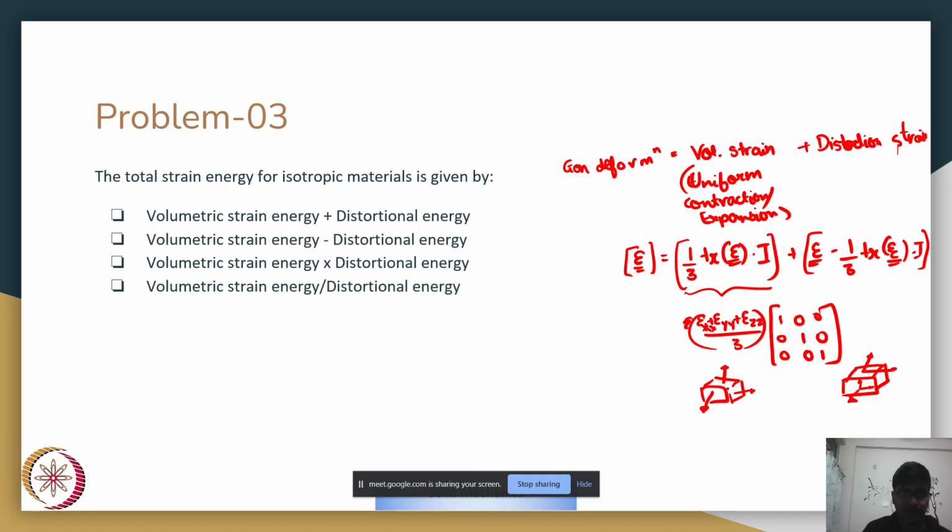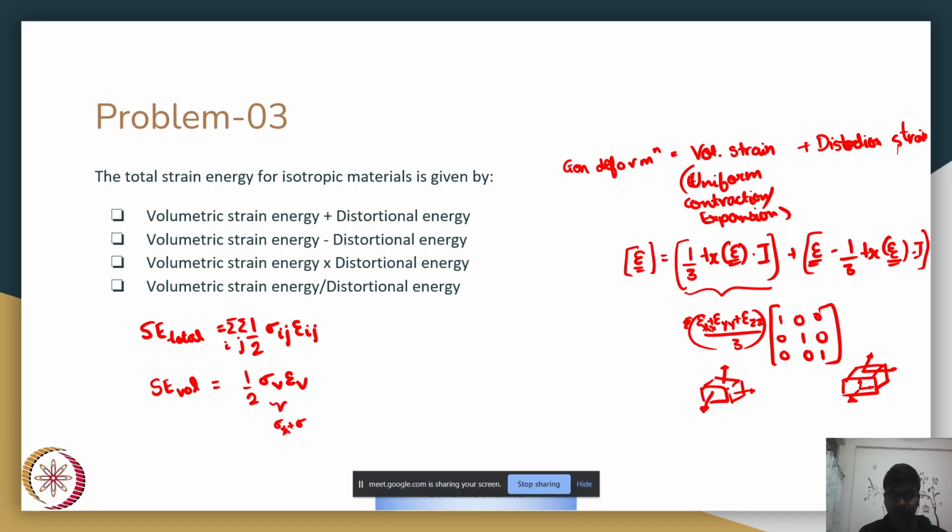You can write it down also as SE total is half sigma ij epsilon ij, summation over i and summation over j, and your SE volume is half sigma volume epsilon volume, where sigma volume is nothing but sigma xx plus sigma yy plus sigma zz by 3, and epsilon volume is epsilon xx plus epsilon yy plus epsilon zz by 3.